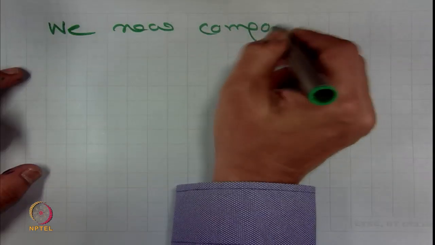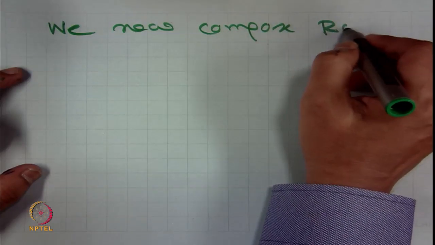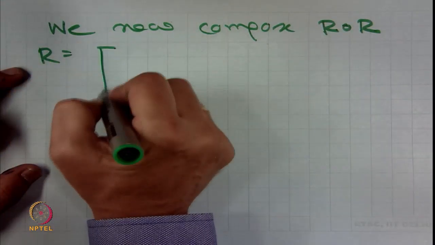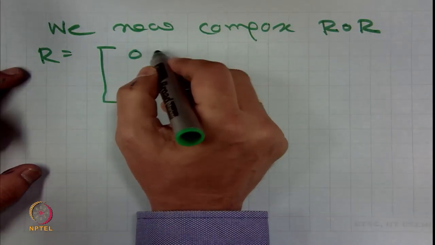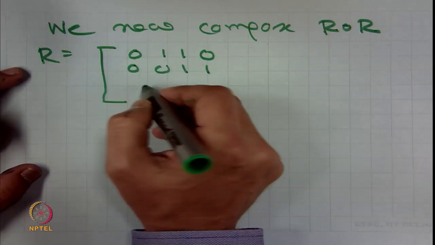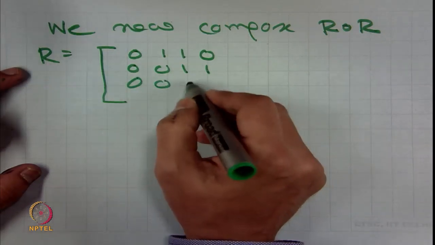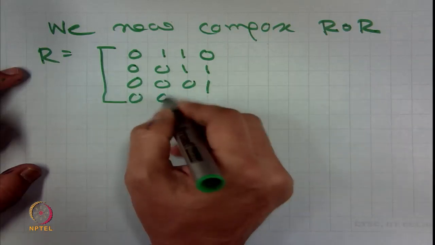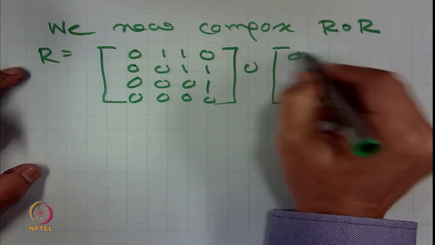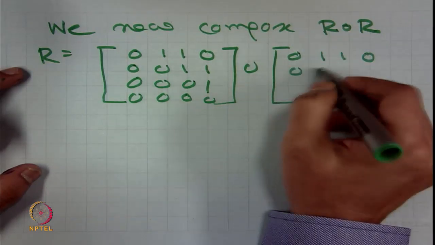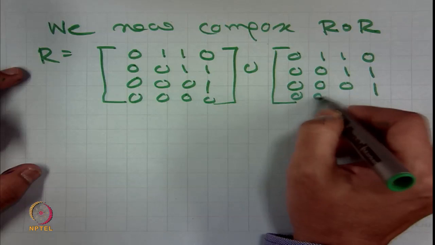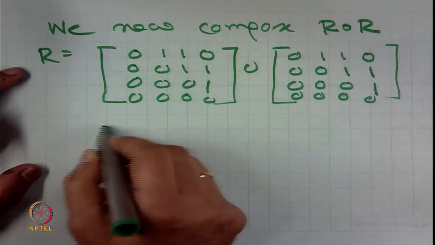We now compose this R with itself, where R is equal to the new matrix 0 1 1 0; 0 0 1 1; 0 0 0 1 and 0 0 0 0, and composing with itself, we are getting 0 1 1 0; 0 0 1 1; 0 0 0 1; 0 0 0 0.